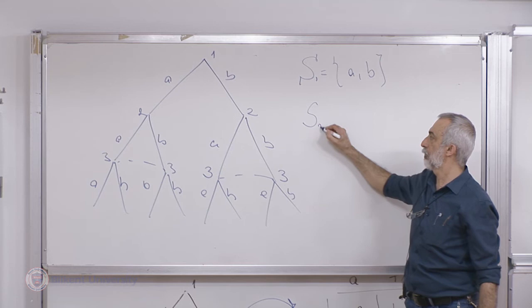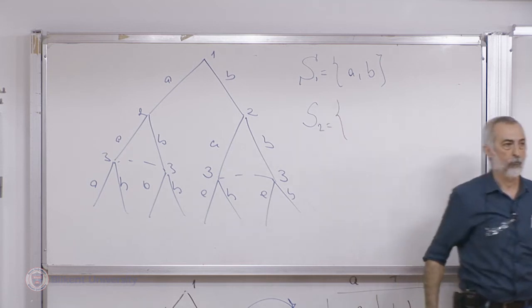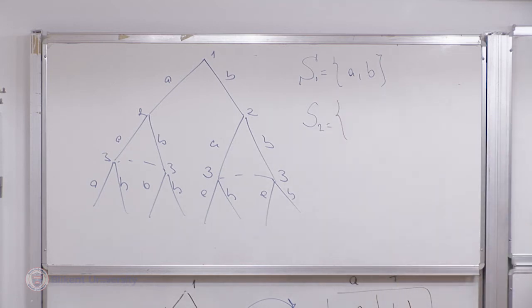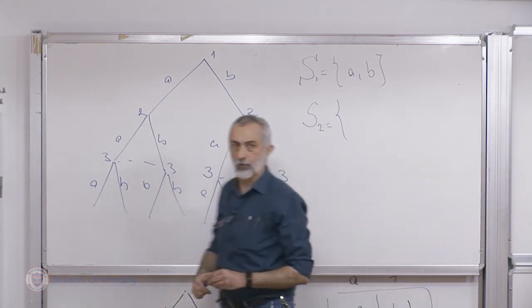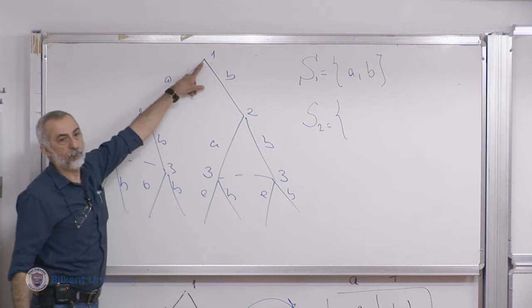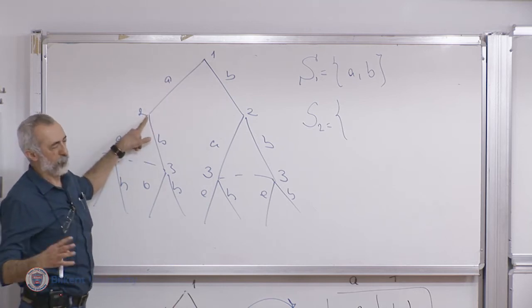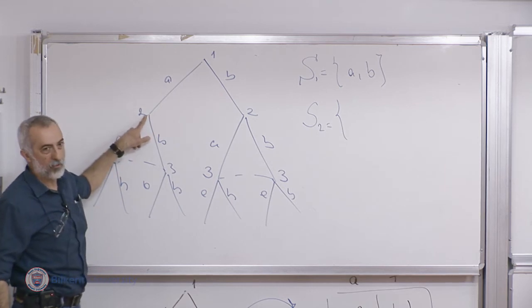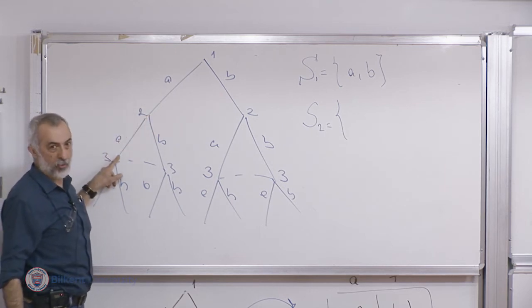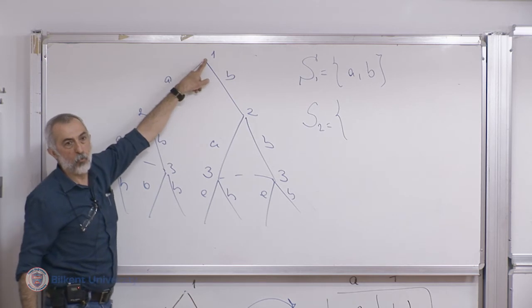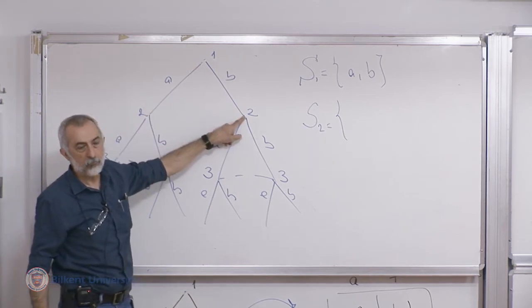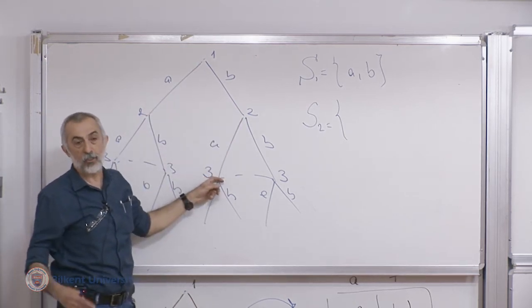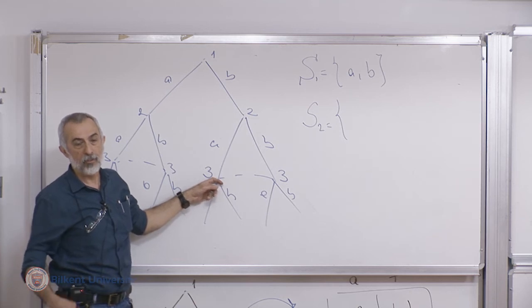What about S2? So AA. Let's first do it verbally. If player 1 voted for A, I'll vote for A. If player 1 voted for B, I'll also vote for A. That's a complete plan of action.